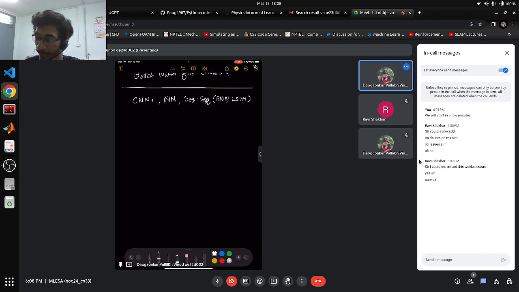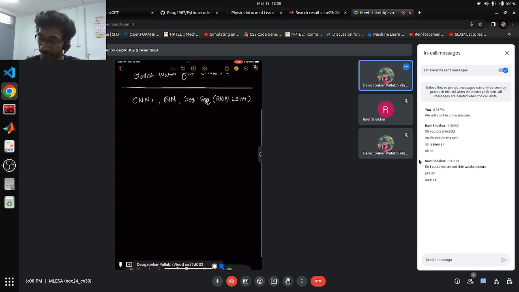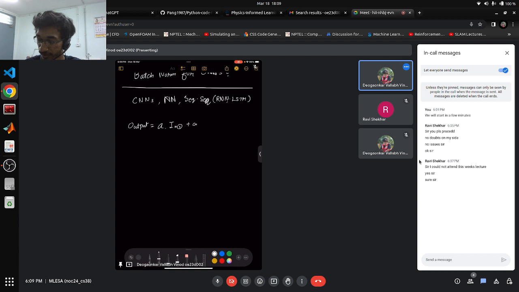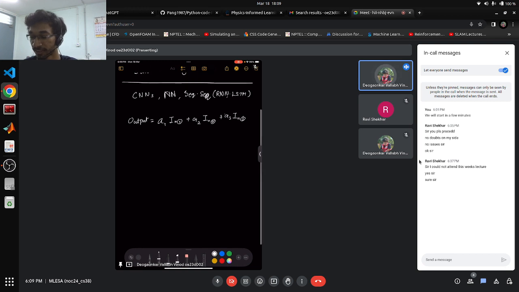Let's say you have an output equal to a1 times input 1 plus a2 times input 2 plus a3 times input 3, and so on. So I have these three features, input 1, input 2, and input 3, and they together determine my output.